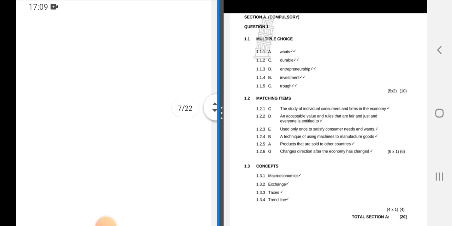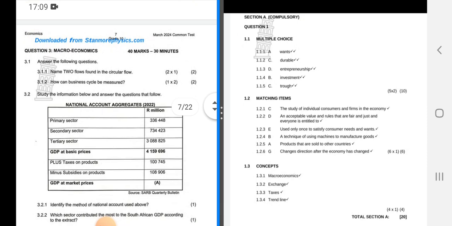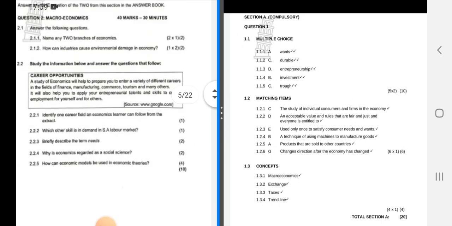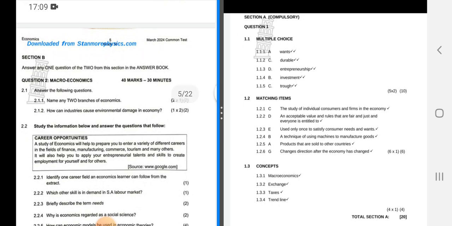Here in this question paper, you only have 2 section Bs. In June you'll have 3, and in December too, but now you only have 2, so you have to choose one.